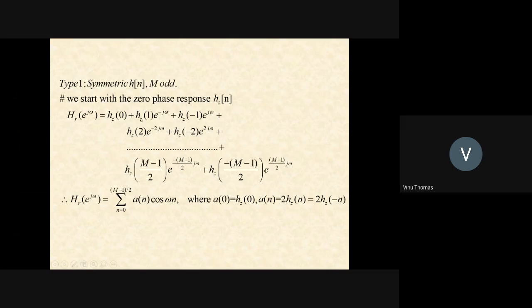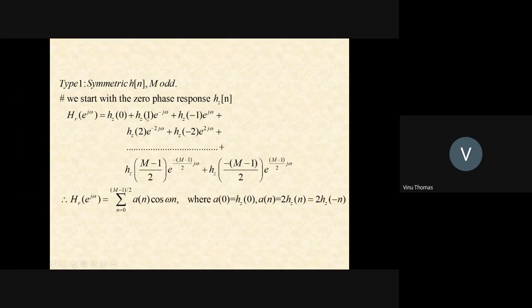Now note that H0 of 1 and H0 of minus 1 are the same because this is a symmetric impulse response. So these two can be combined. e raised to j omega and e raised to minus j omega can be combined. Likewise, we can combine e raised to j2 omega and e raised to minus j2 omega and so on.